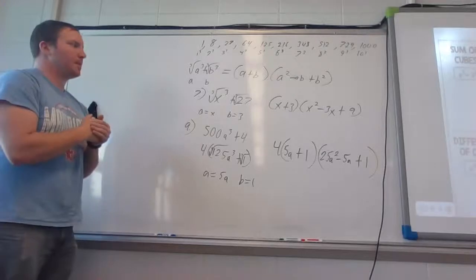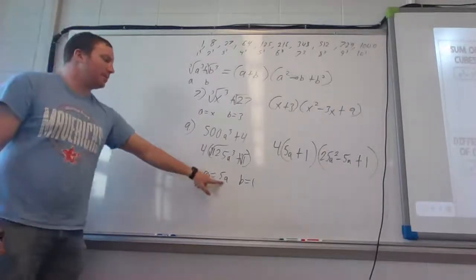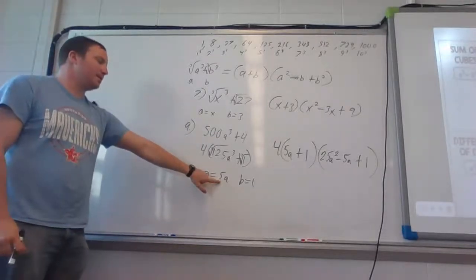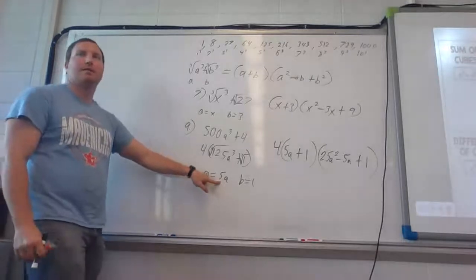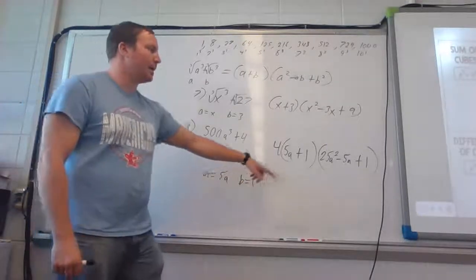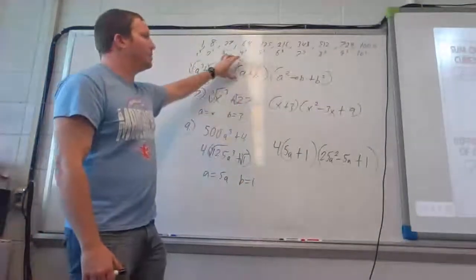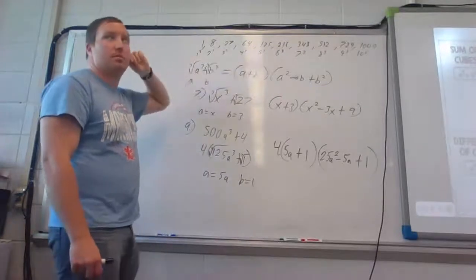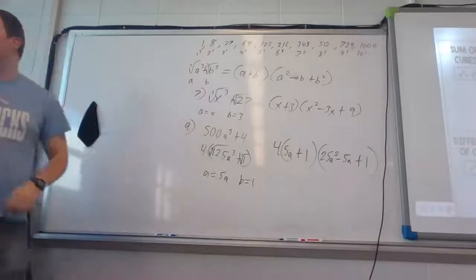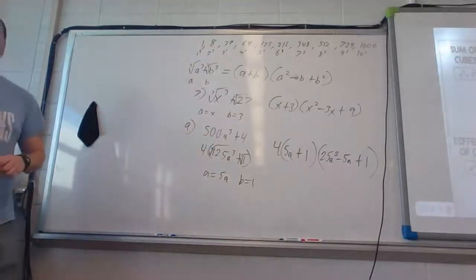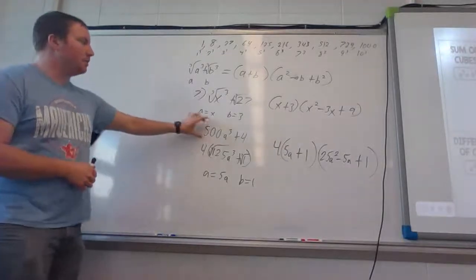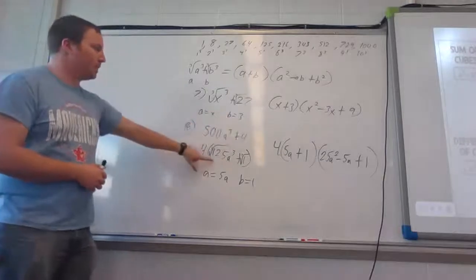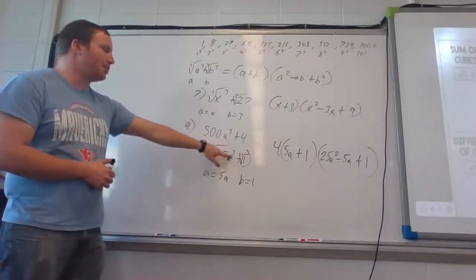Wait, where did that 25 come from? 25 came from a squared. When we square 5a, 5 squared gets you 25. So that's our sum of cubes. So we took out the 4, and that gave us 125a cubed.